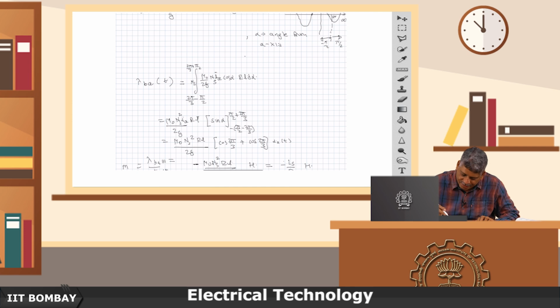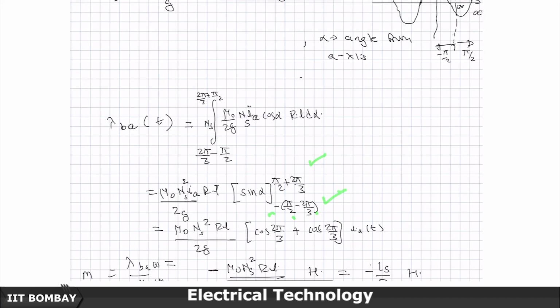Cos of alpha, when it is integrated, it became sin of alpha. Only the limit of integration is now not pi by 2 and minus pi by 2, but 2 pi by 3 plus pi by 2 and 2 pi by 3 minus pi by 2, or in other words minus of pi by 2 minus 2 pi by 3 to pi by 2 plus 2 pi by 3.